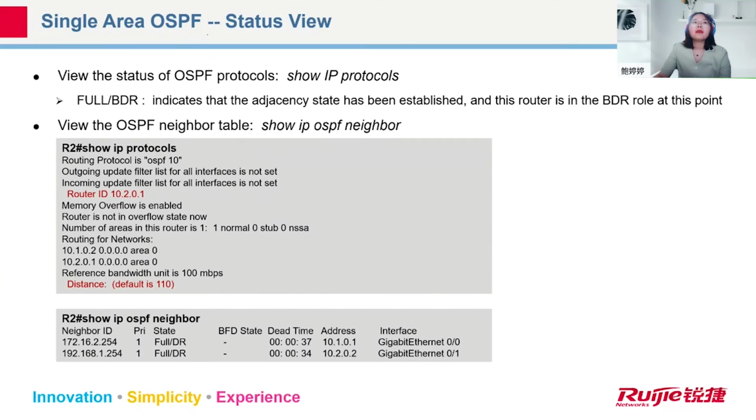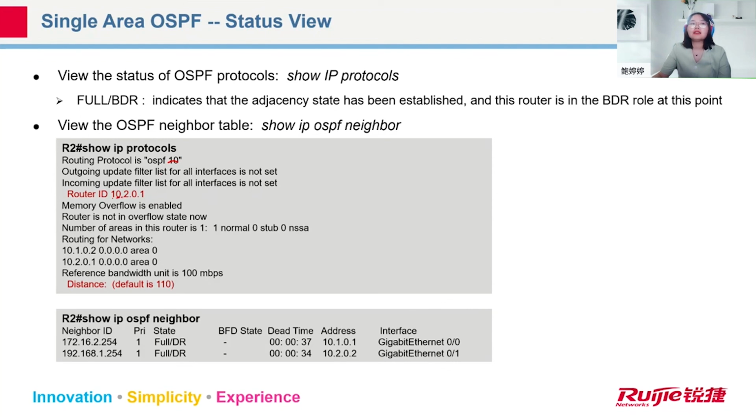And also, here we can see some status information. Show ip protocols. You can see all the protocol information. The first one is OSPF. OSPF 10 is the process, with its router ID. And you will find the outgoing update filtering and the incoming update filtering are not configured. Because on OSPF, we also can add some filtering commands to filter some routing information.